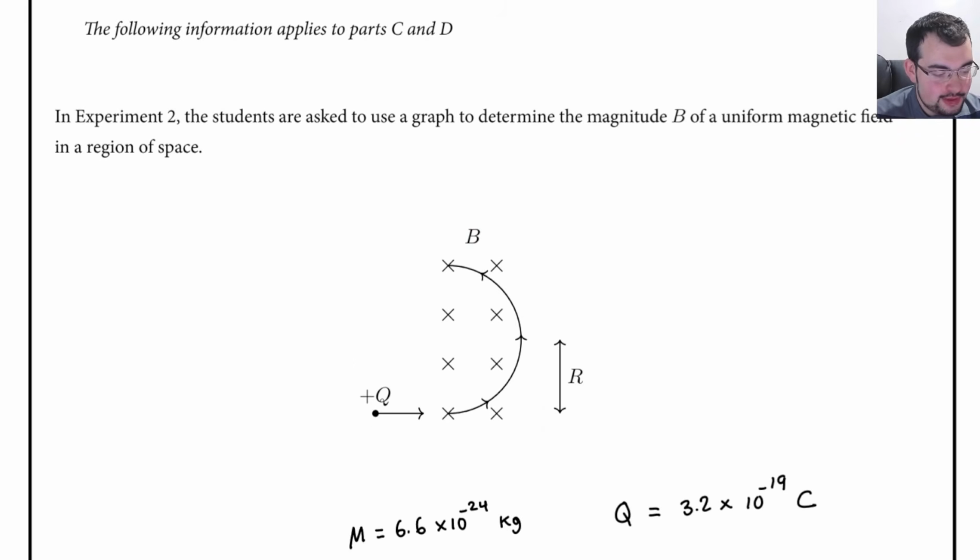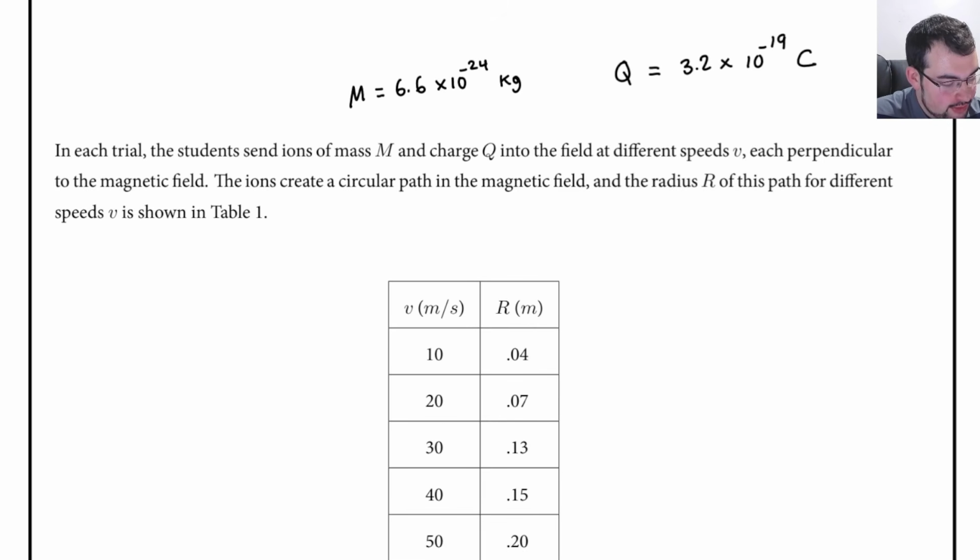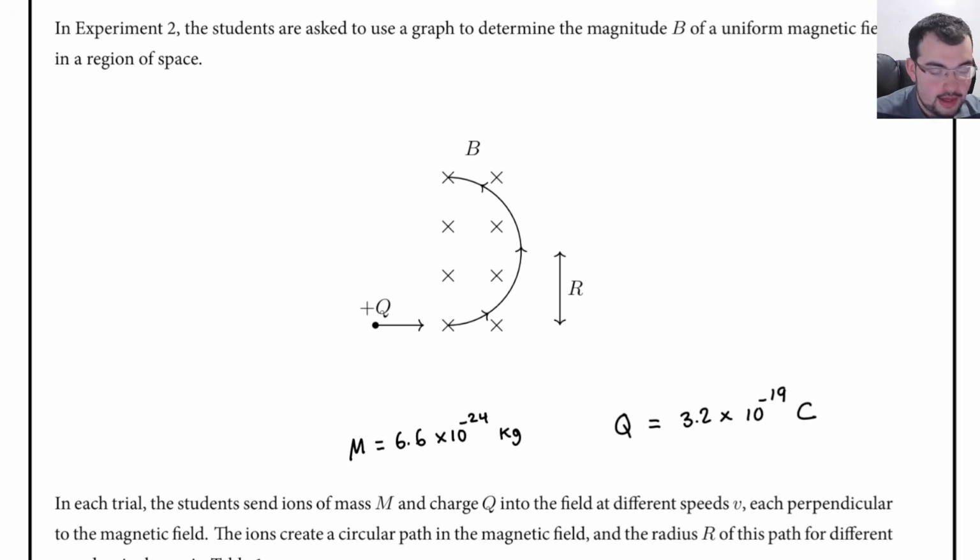All right, now for the do-it-yourself, we have to solve for the B field that these known masses and charges are moving through. We're given their radius that they travel as a function of the input speed. Now, this is clearly a circular arc, so anytime there's a circular arc, we know that there's a magnetic field supplying a centripetal force.